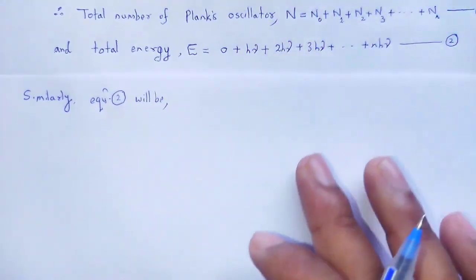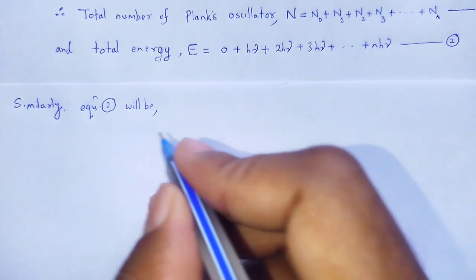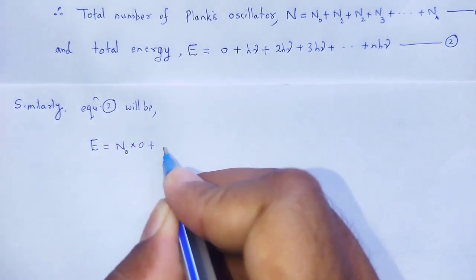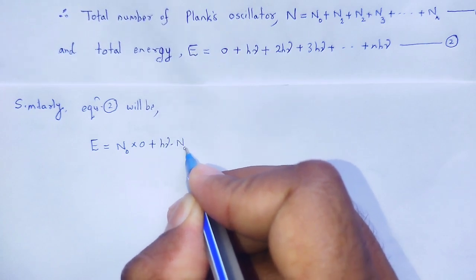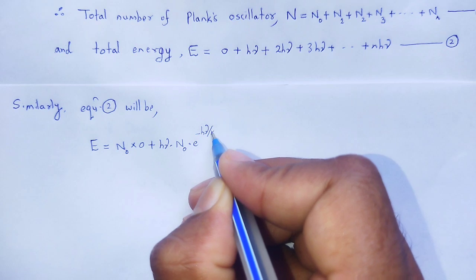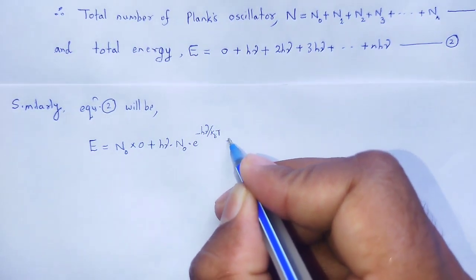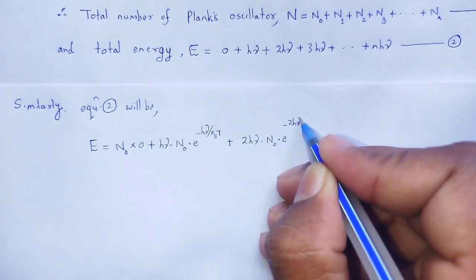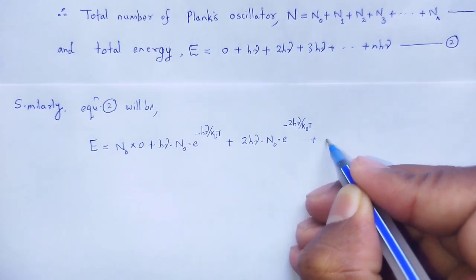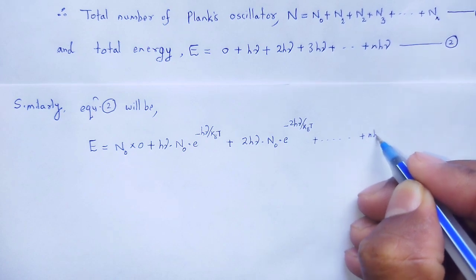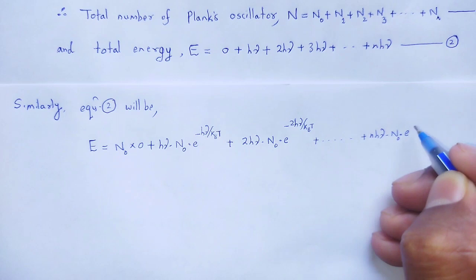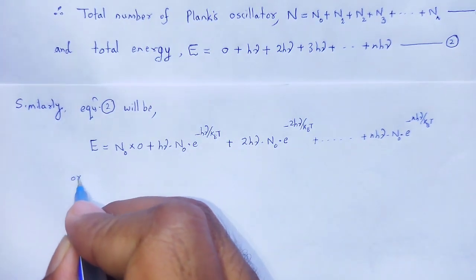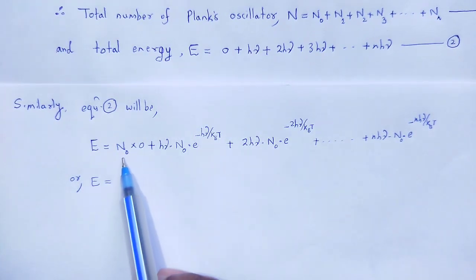For the total energy expression we can write E is equal to first term as N0 into 0 plus second term as h nu into N0 e to the power minus h nu divided by kBT plus 2h nu N0 e to the power minus 2h nu divided by kBT plus up to nh nu N0 into e to the power minus nh nu divided by kBT, or E is equal to, that first term as entirely 0.